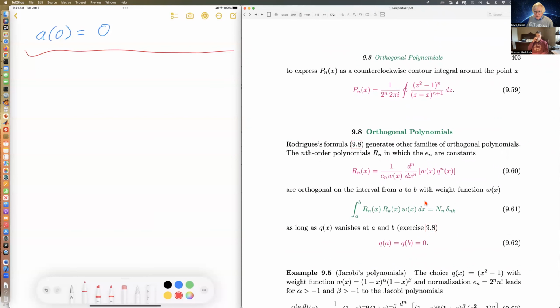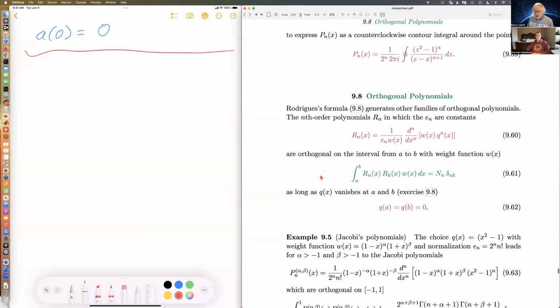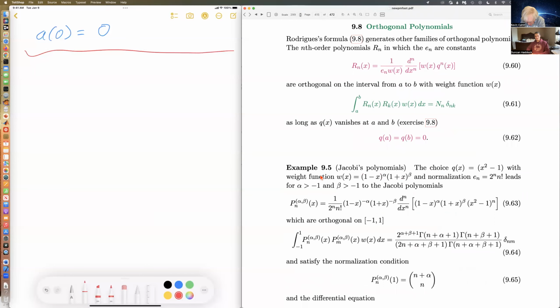Orthogonal polynomials. Here, what we see is that Rodrigues's contribution was much greater than just a formula for the Legendre polynomials. What he did was show how to generate families of orthogonal polynomials. He said, you take some function q that vanishes at the endpoints of the interval.